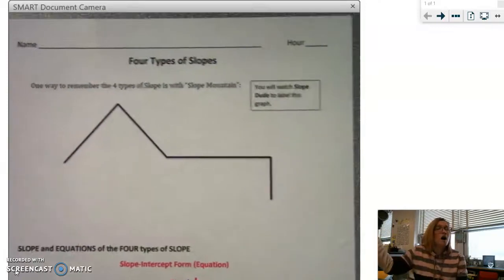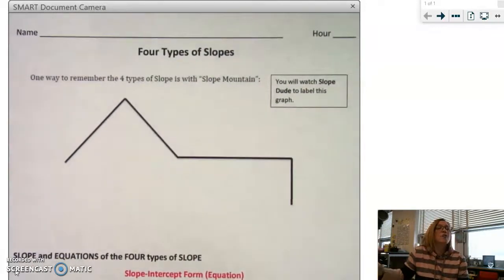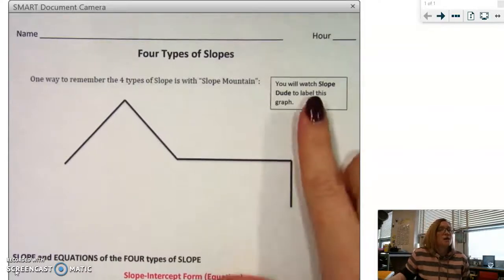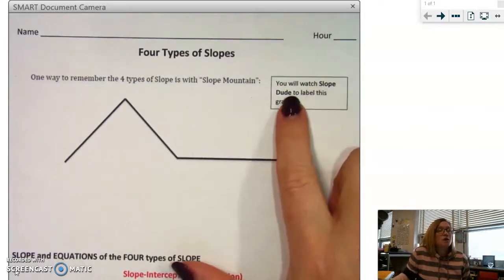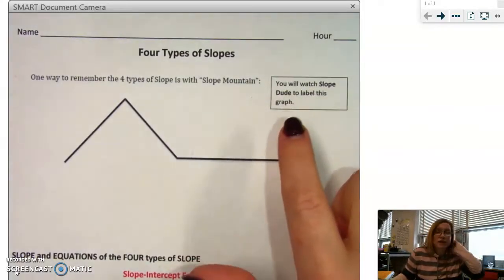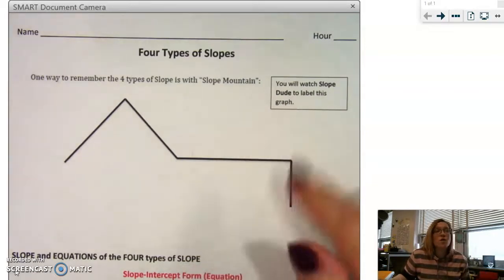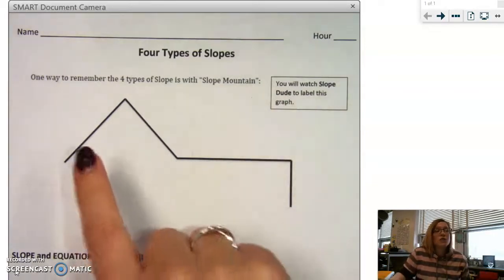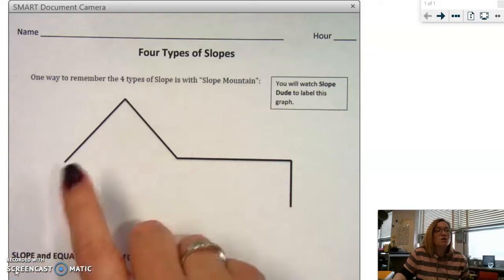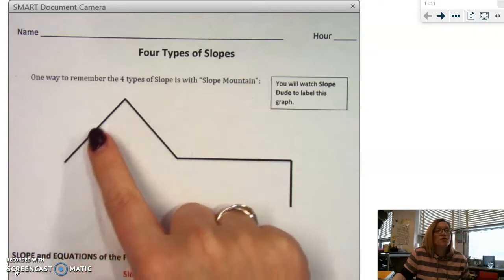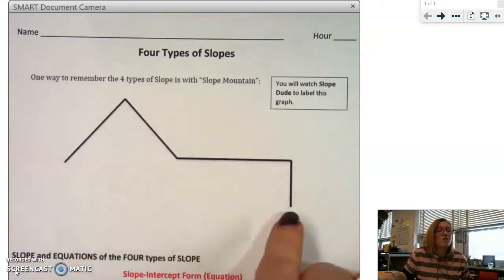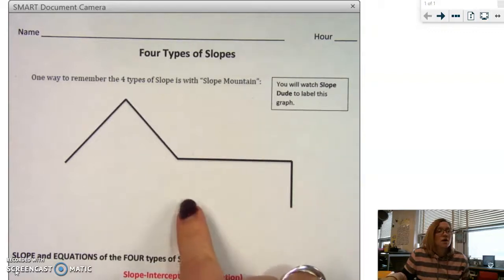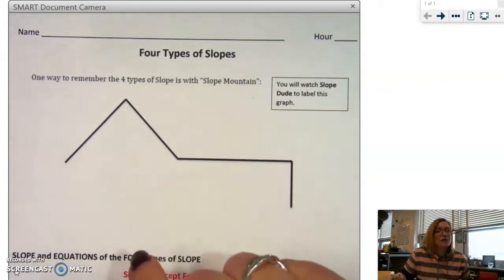First of all, a couple of your classes had an opportunity, because we had some free time, to watch Slope Dude. Slope Dude is a short video. It is in Google Classroom. Feel free to go and watch it, and then pause this video, watch Slope Dude, and fill this diagram out as you're watching. When you're done, come back onto this video.